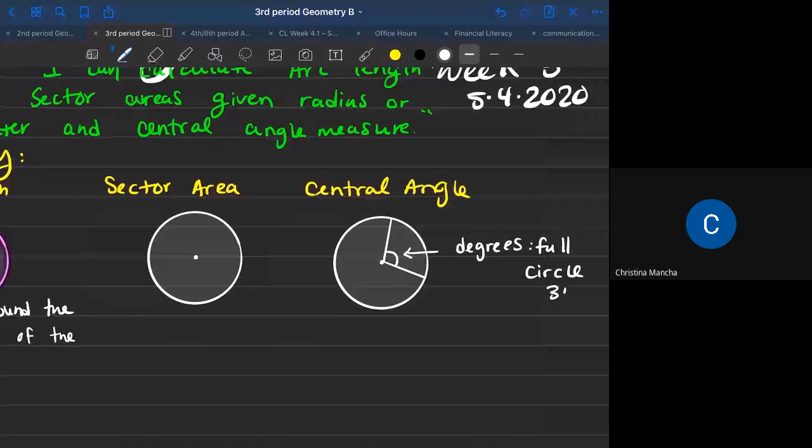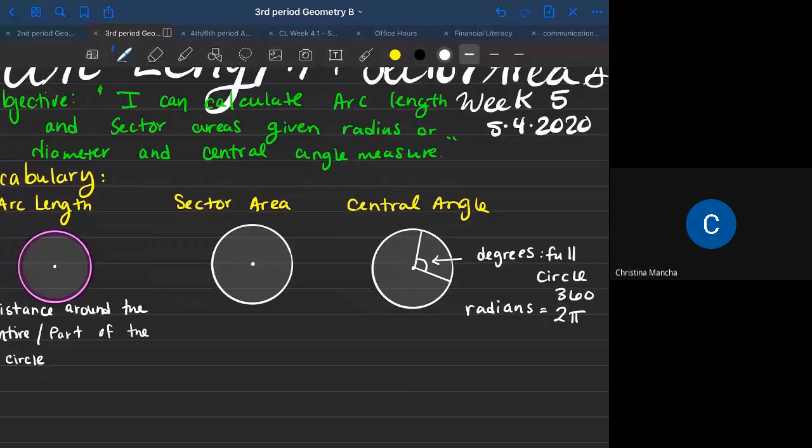But we also have something called radians. Radians measures the entire circle, and it says that the entire circle is made up of 2 pi.